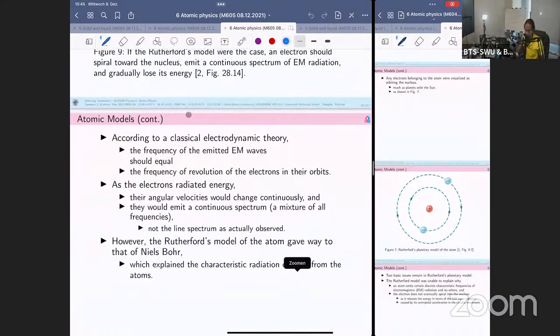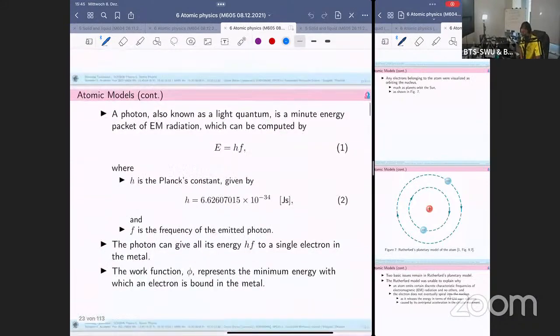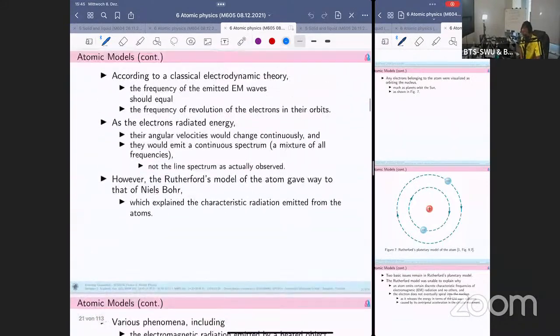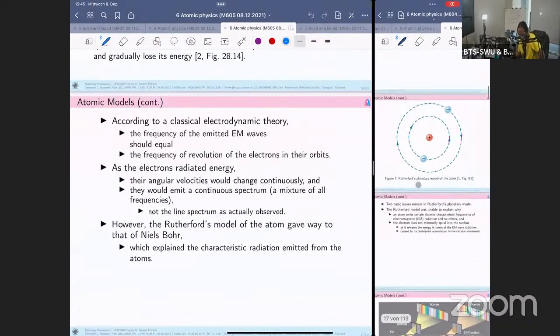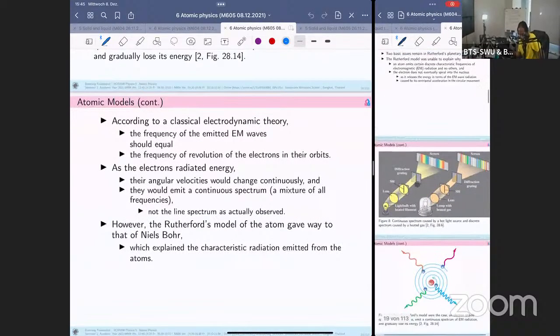According to classical electrodynamic theory, the frequency of the emitted electromagnetic wave should equal the frequency of revolution of the electrons in their orbits.